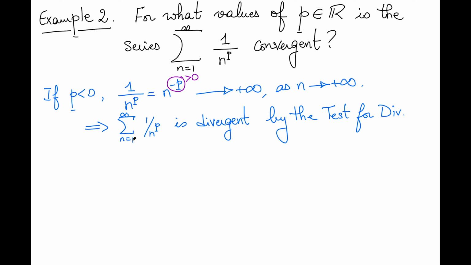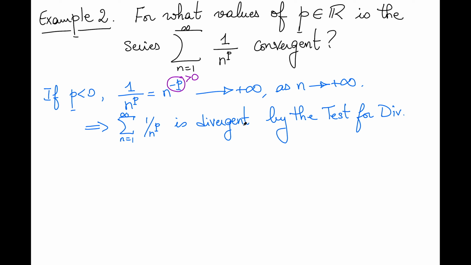Remember, if a series converges, then its terms are eventually going to 0. The limit as n goes to infinity of its terms is equal to 0 if it's convergent. So if this fails, if it doesn't go to 0, that's going to be divergent.